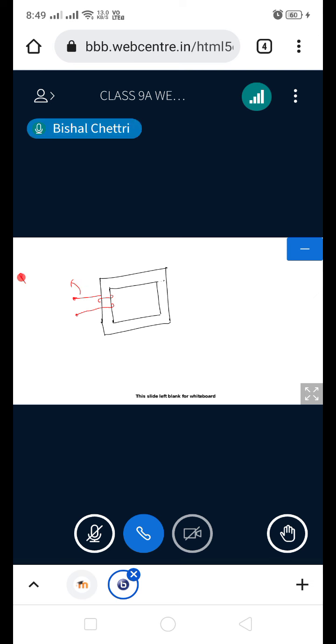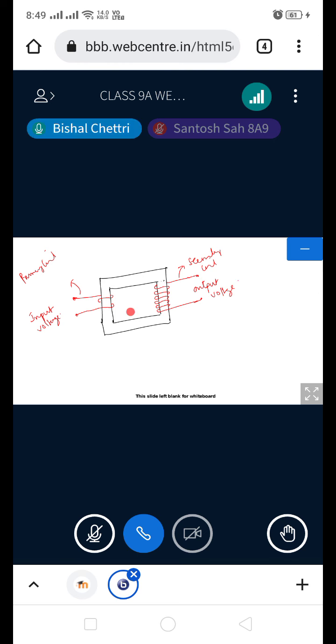This is the primary coil, so your input voltage will come over here. And let us say this is your secondary coil. You will get the output voltage over here.